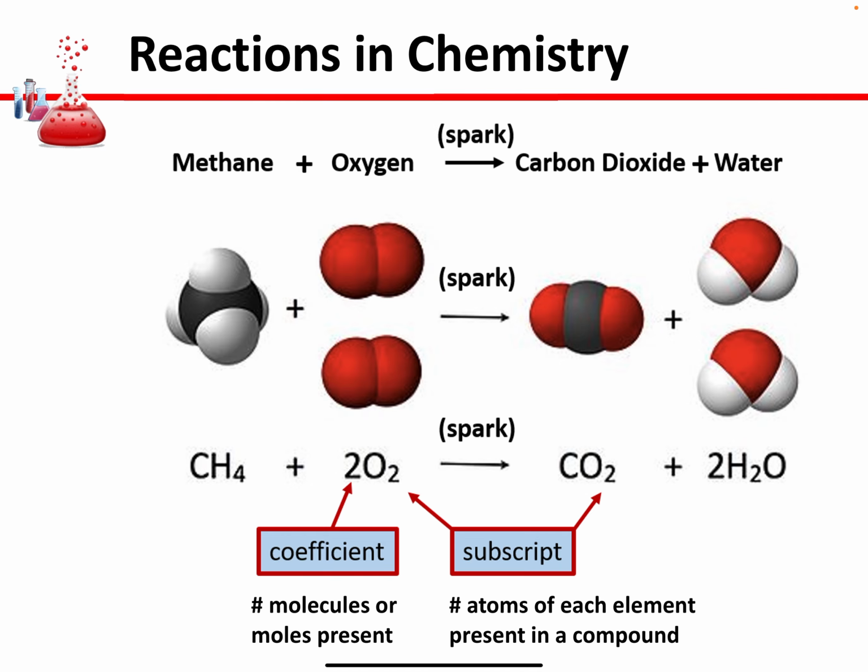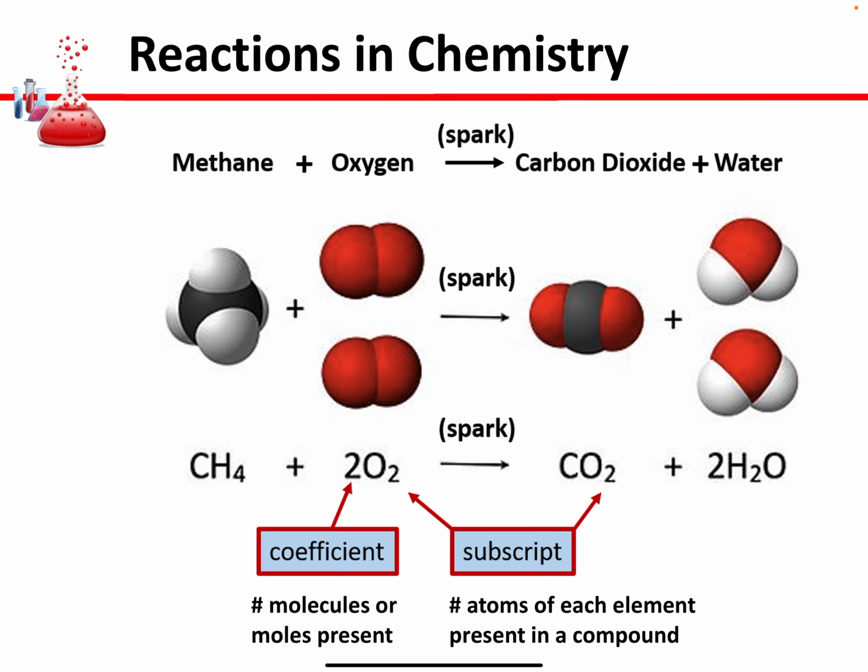You've got 7 CO2 on this side and 8 waters. On the other side, we have C7H16 plus the O2. We need to know how many O2s we need to make what's on the other side.